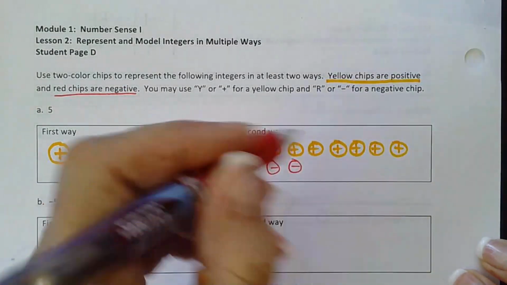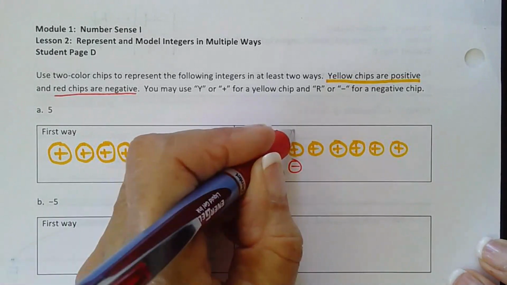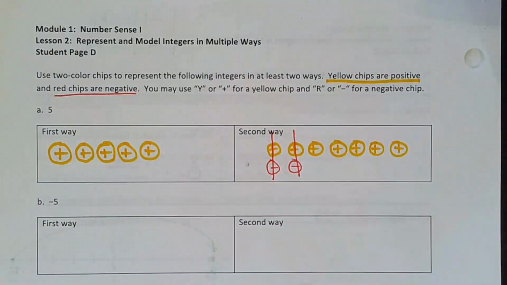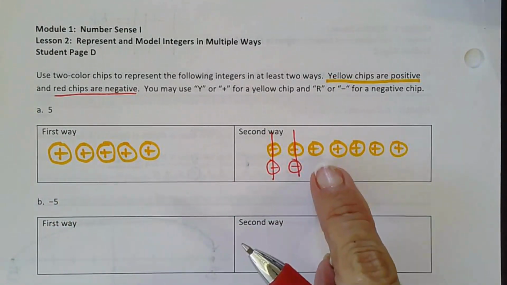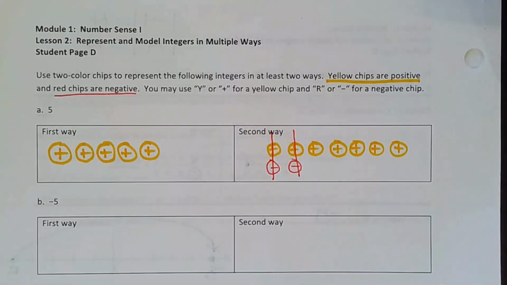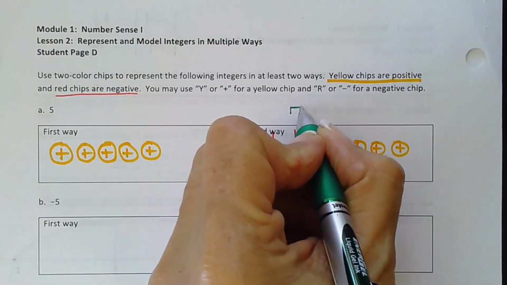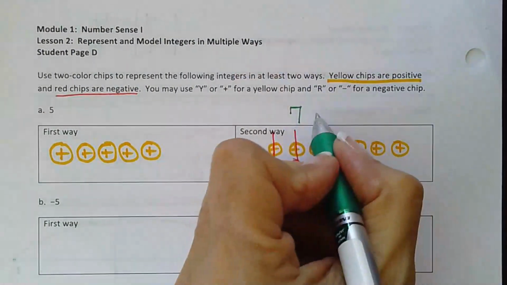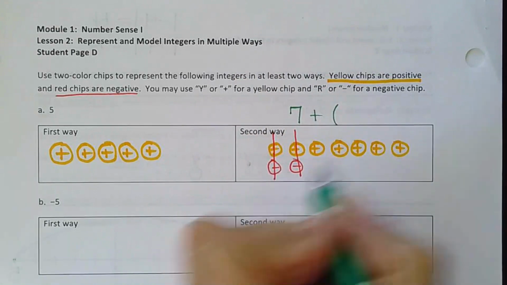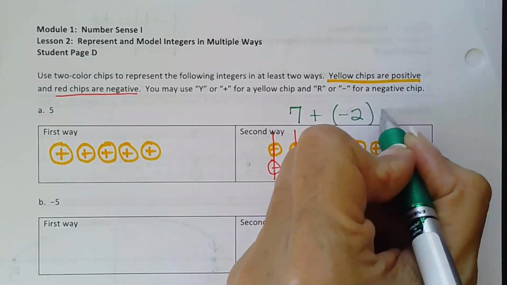And guess what? Ding, ding! Gone. So my answer would be 5. And we could even make up an addition problem with that. We could say 7 plus 2 negatives gives me 5.